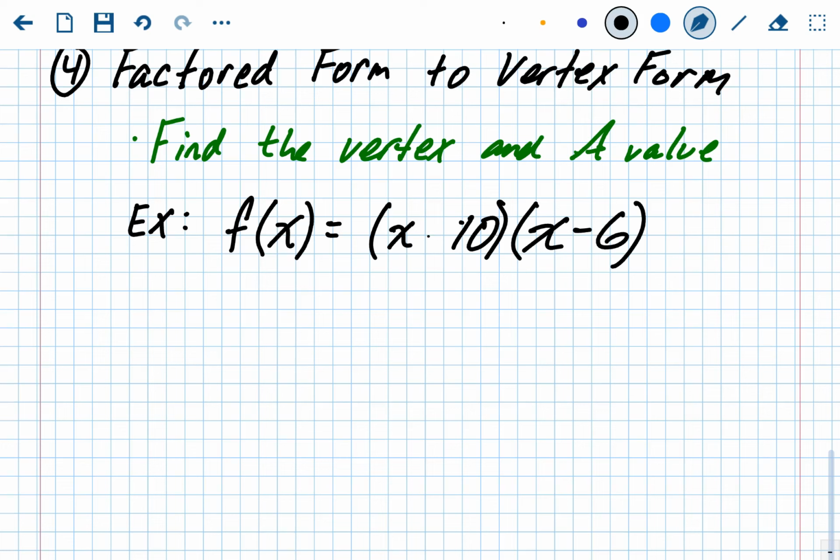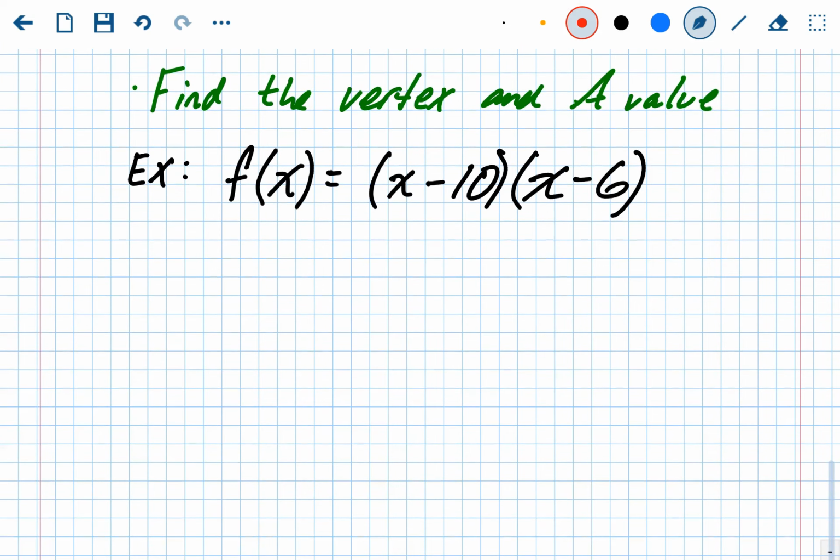All right, so now we're in factored form, so the opposite of b over 2a doesn't help us. But remember, factored form had its own way to find the vertex. You could basically start by finding the x-intercepts. The x-intercepts, or your p and your q value, are always going to be the opposite of these factors. So your x-intercepts are going to be positive 10 and positive 6.